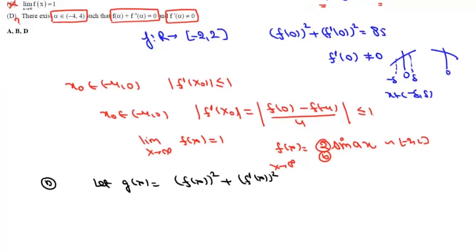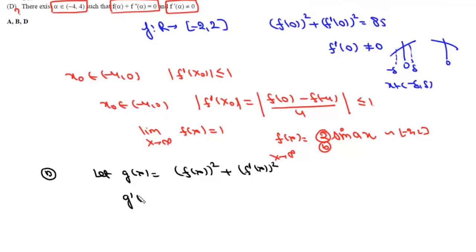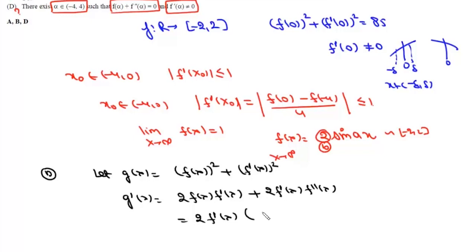Now if we find g dash x, then g dash x will be 2f(x) into f dash x plus 2f dash x into f double dash x. Now we'll take 2f dash x common, and then we'll have f(x) plus f double dash x.